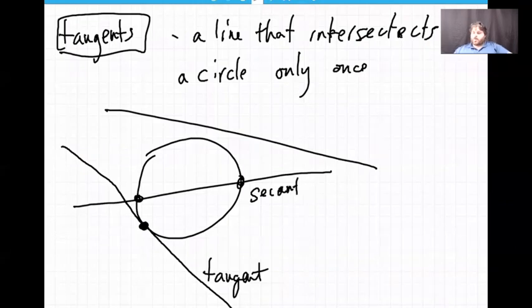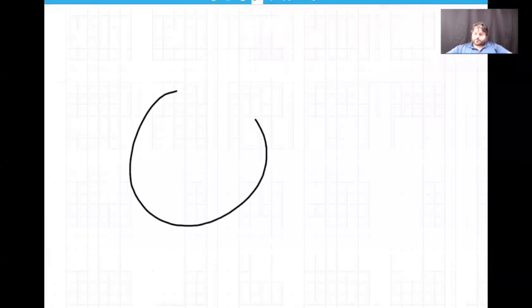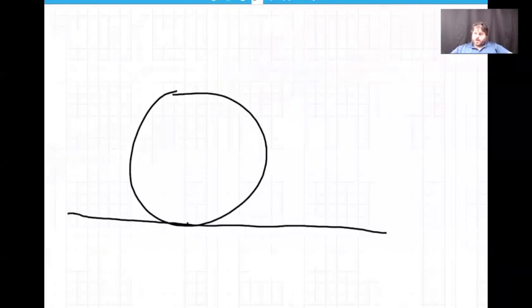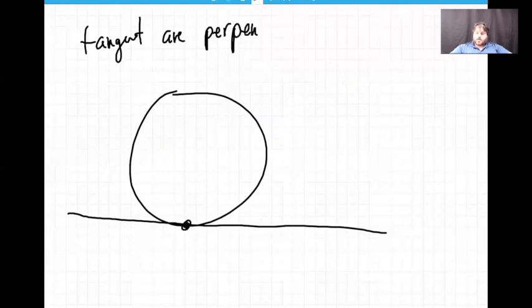So here's what you've got to know about tangent lines. All right, this is a tangent line. Tangent lines are perpendicular to a radius. Not any radius, of course, but one specific one: the one that comes right down and touches the same point.